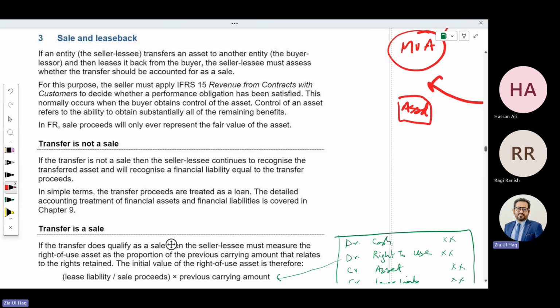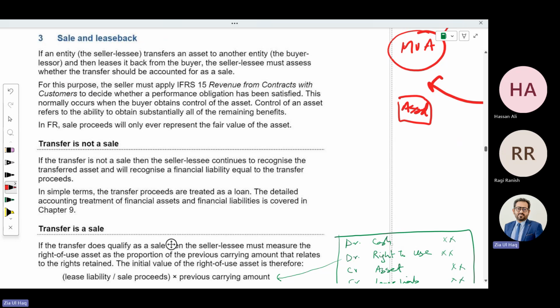And on sale revenue, there is another accounting standard, IFRS 15. If the sale is meeting the criteria of IFRS 15 revenue, then it will be considered as a sale and leaseback. If the sale part is not fulfilling IFRS 15 criteria of sale, then this will not be considered as sale and leaseback.